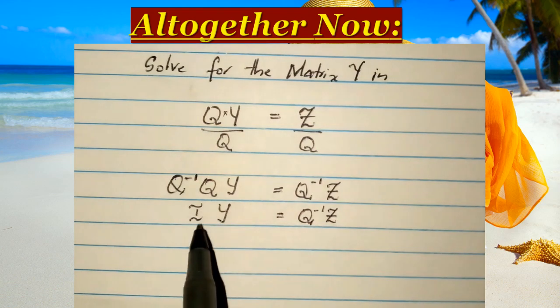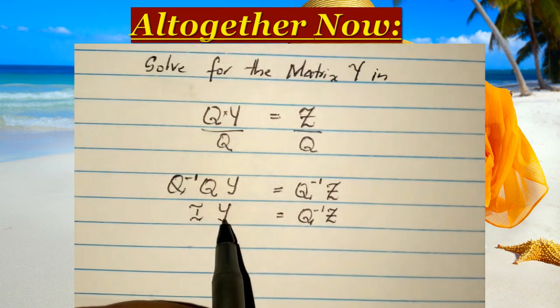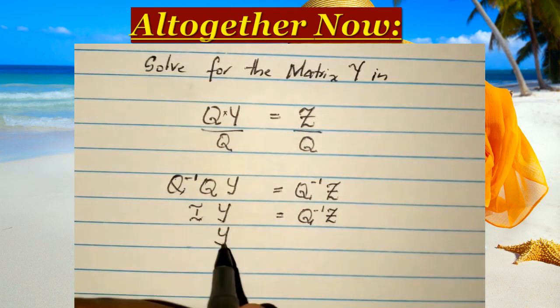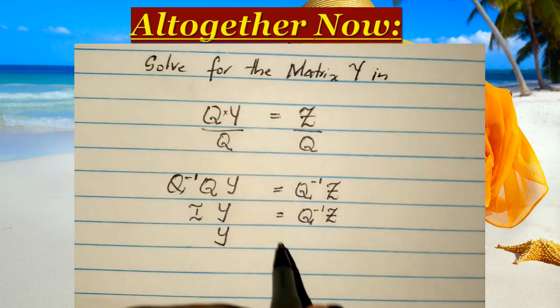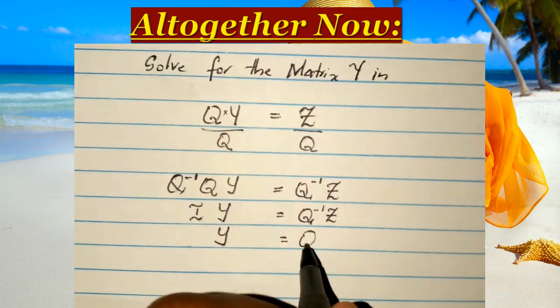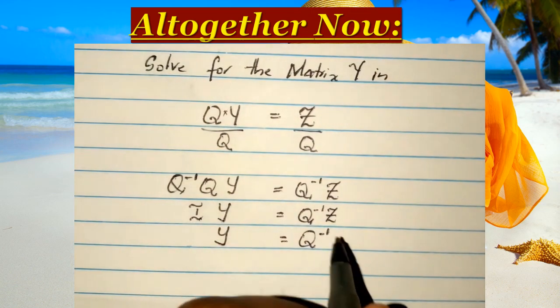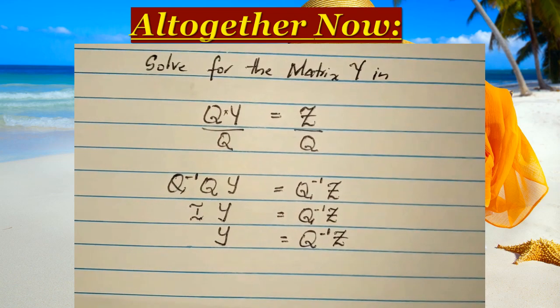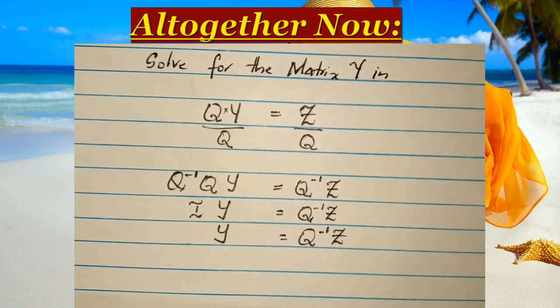Remember too, anything times the matrix I, which is the identity matrix, is that thing. So here we had I times Y, and that should give you just Y. So Y is going to be equal to Q inverse multiplied by the matrix Z. It's very easy. Once you practice and remember those hacks, you're going to be fine.